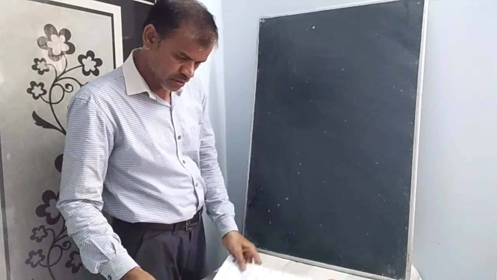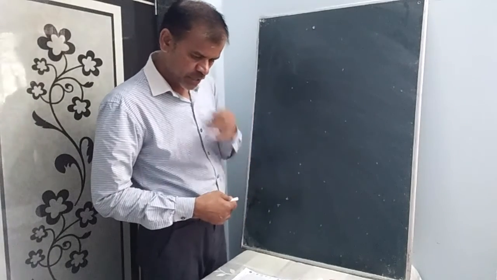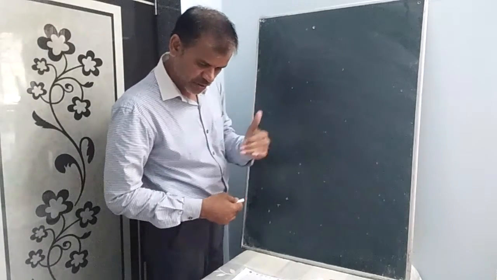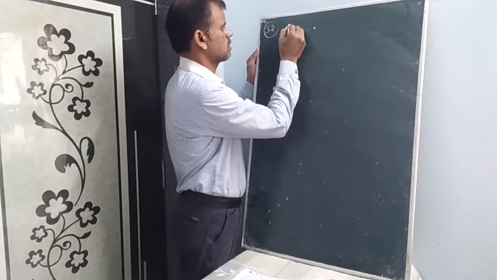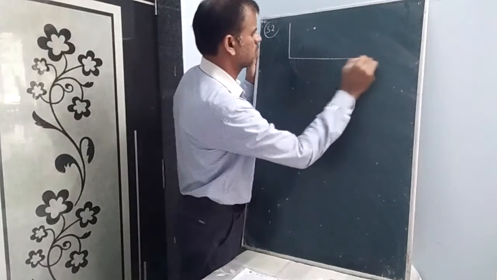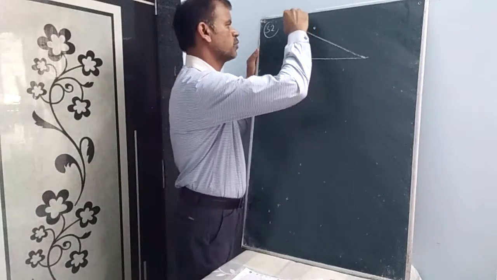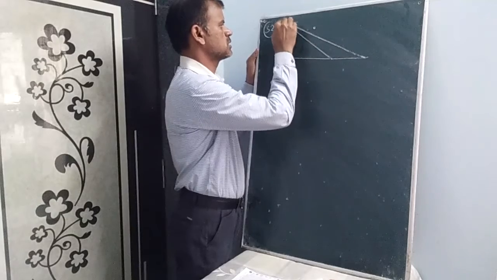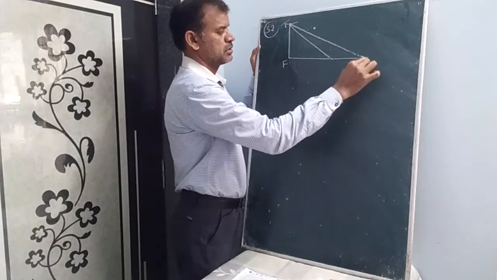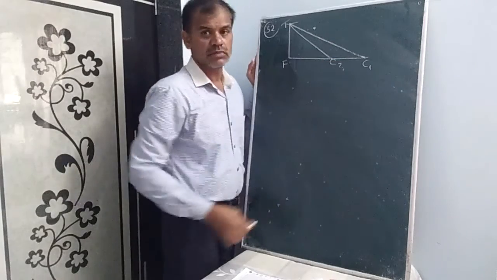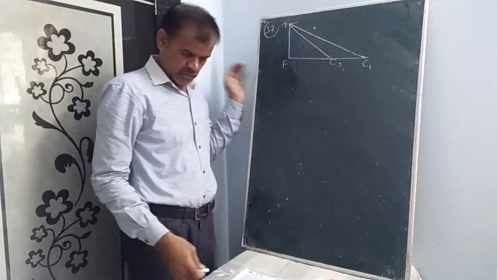A man on the top of a vertical tower observes a car moving at a uniform speed towards the tower on a horizontal road. This is the tower, this is the foot of the tower. This is car 1, this is car 2. I mean, there are not two cars, only one car is moving towards the tower.